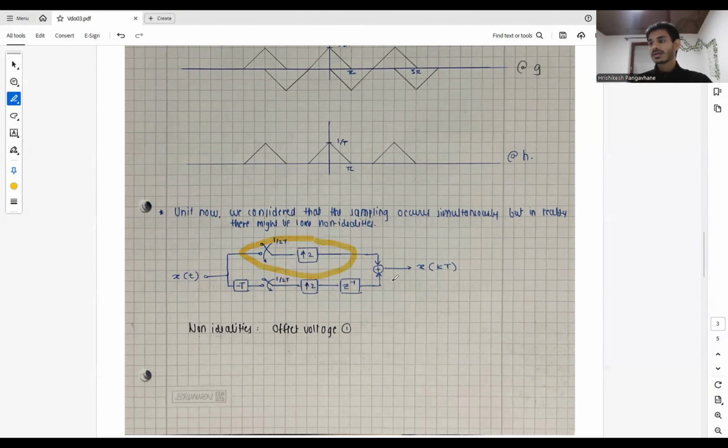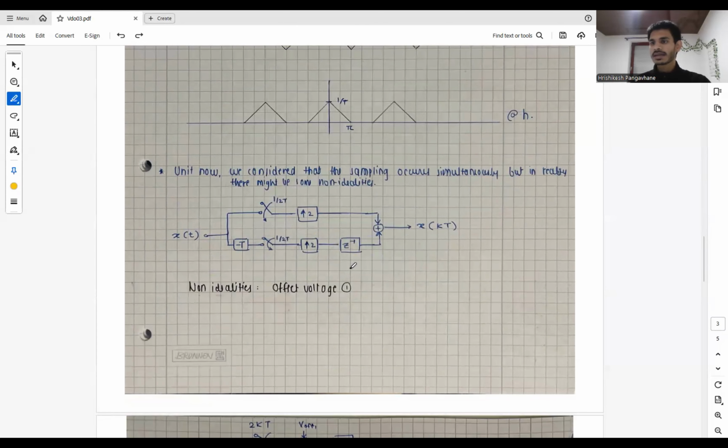There are lots of factors which will affect the channels and create non-idealities. We'll talk about those non-idealities and how they affect this kind of system. Basically, the non-idealities are offset voltages and some gain factors.